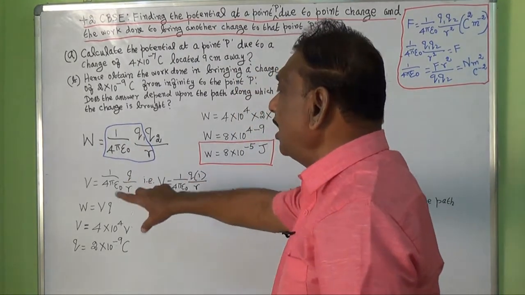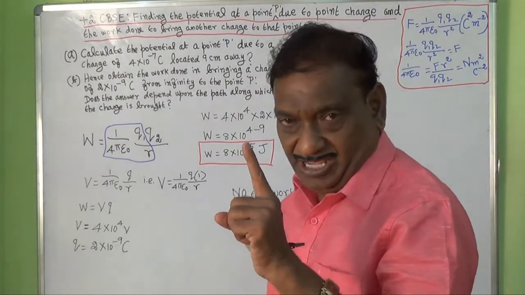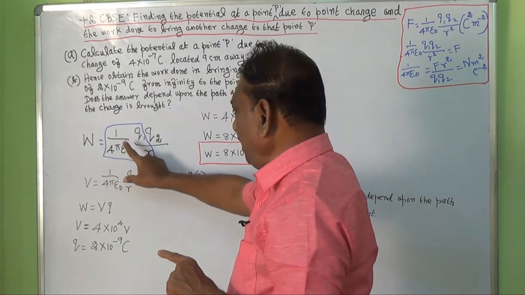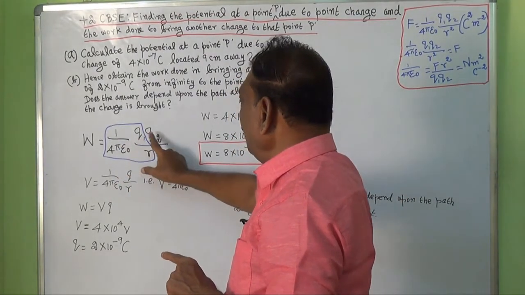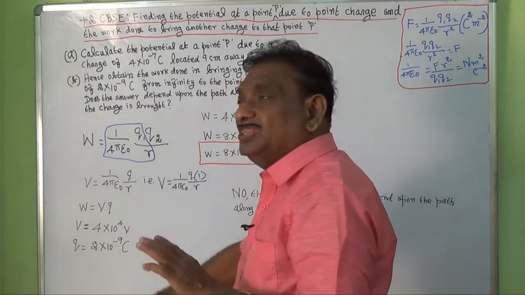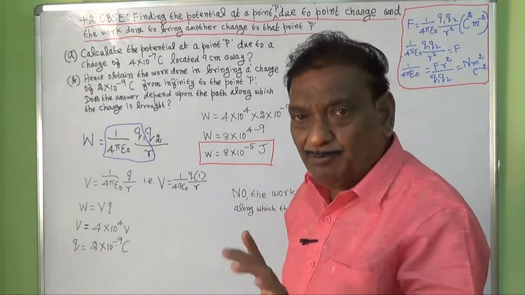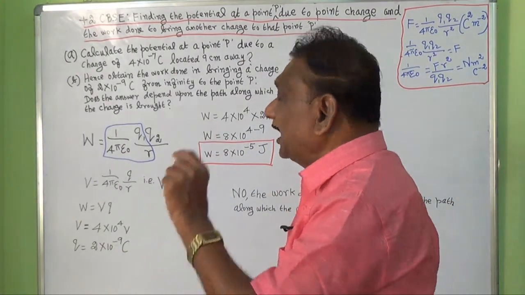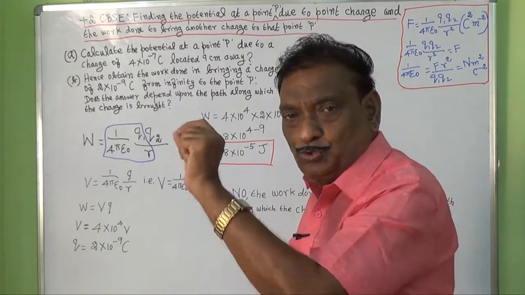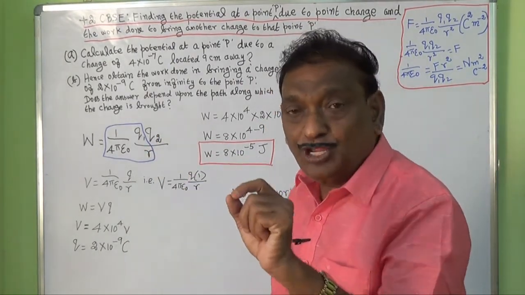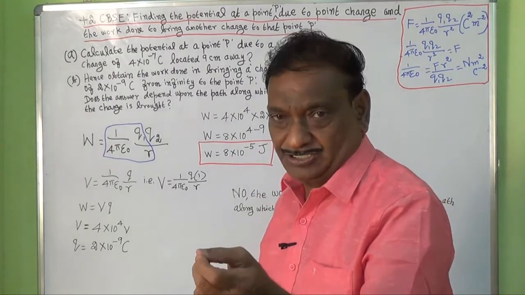So the formula for the work done is W equal to 1 by 4 pi epsilon naught Q1 Q2 by R. We can also write this formula as W equal to 1 by 4 pi epsilon naught capital Q into small q by R. The capital Q is the source charge.